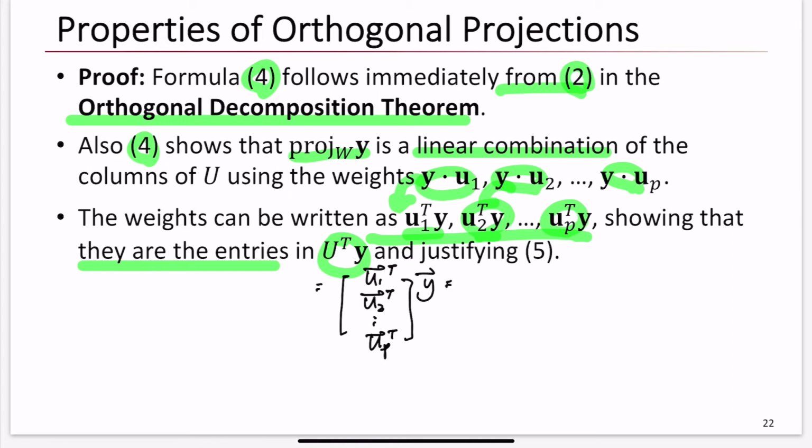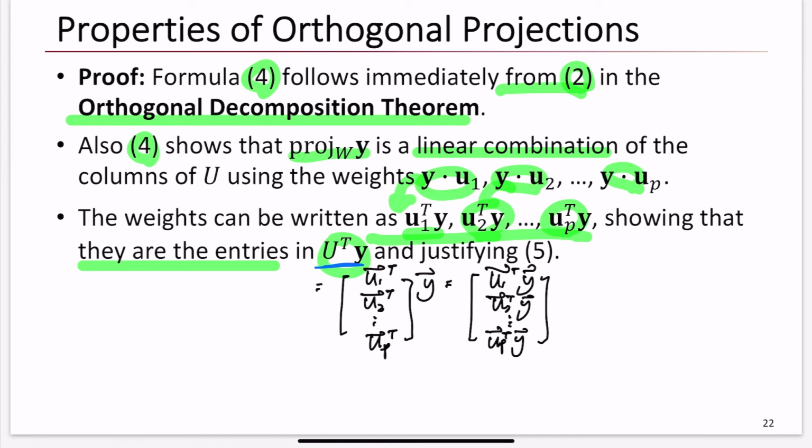Then this one is going to be U1 transpose Y, U2 transpose Y, UP transpose Y. Right? Then this is the coefficient.